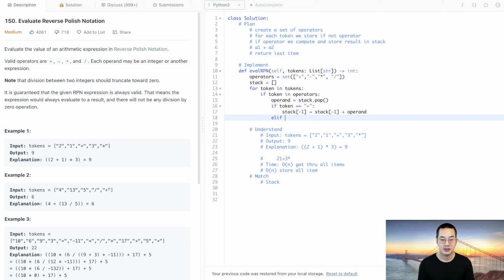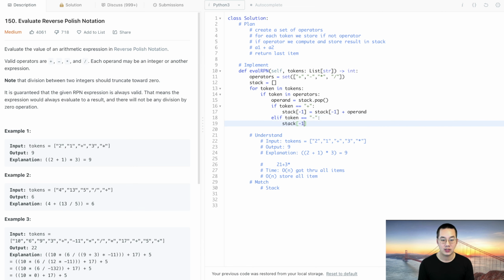We do the same for the rest of these operators. It's very straightforward.